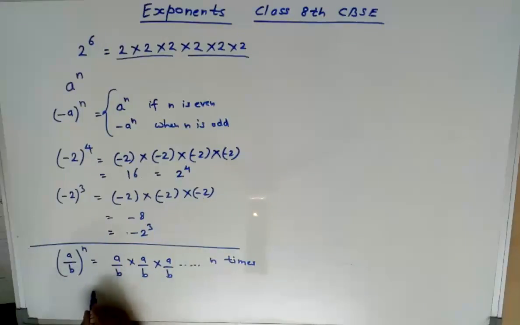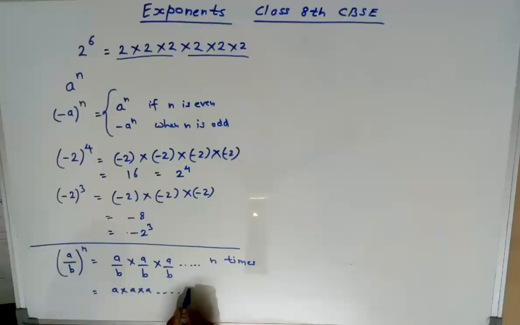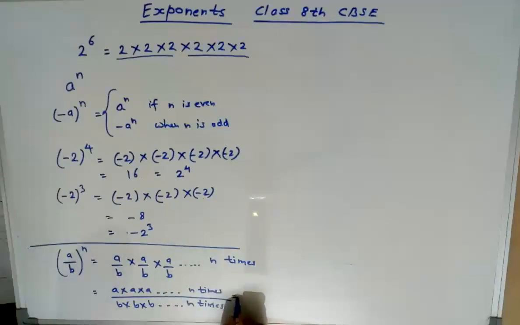Or we can write it as a into a n times upon b into b n times. It will become a raised to the power n, since a is multiplied n times, similarly b is also multiplied n times. So b raised to the power n.